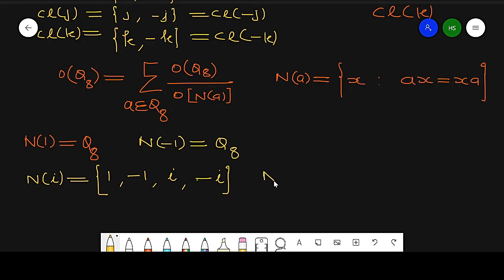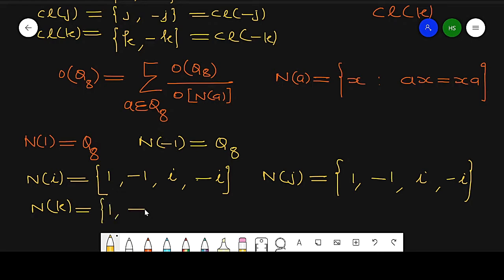Similarly, the normalizer of j consists of 1, -1, j and -j, so it commutes with these. And the normalizer of k is again 1, -1, k and -k, so it commutes with k. So these consist of 4 elements, and the first two consist of 8 elements.